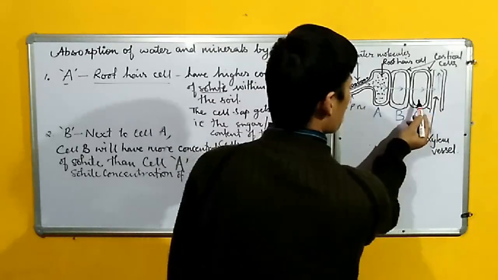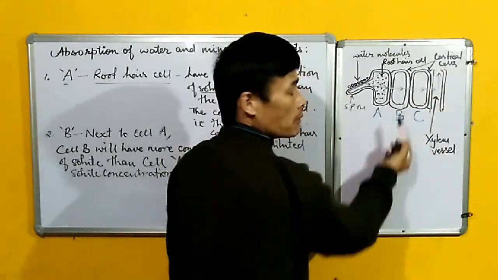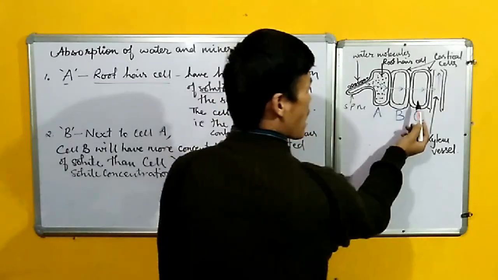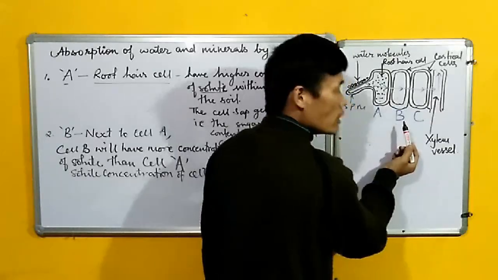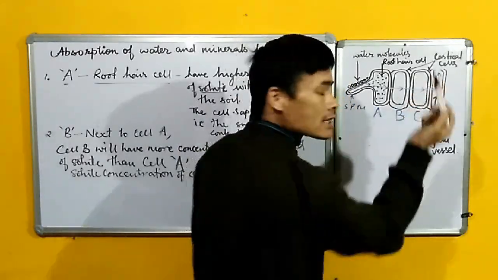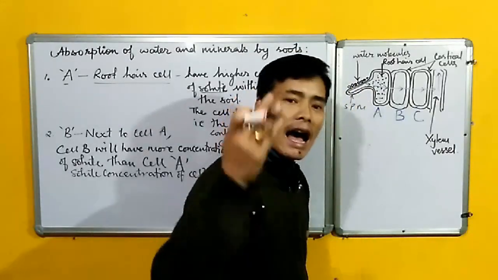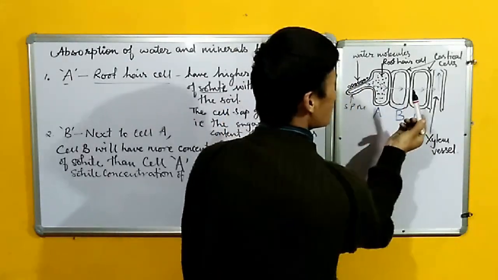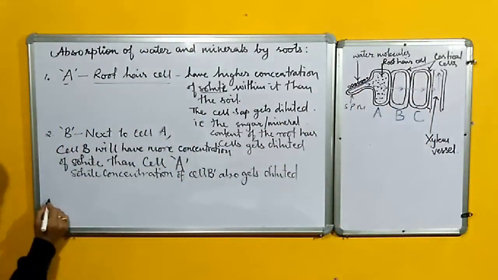Now, this particular cell, which is also a cortical cell adjacent to cell B, will now have a higher concentration because it has not yet received water. So, comparatively with B, cell C will have solute concentration which will be higher than cell B. As a result of which, what will happen?